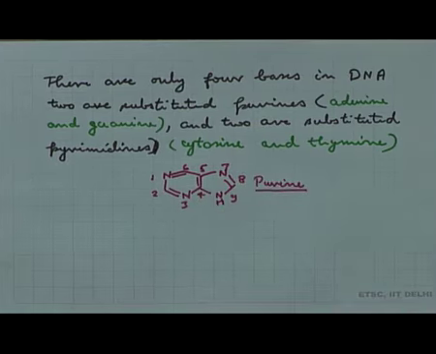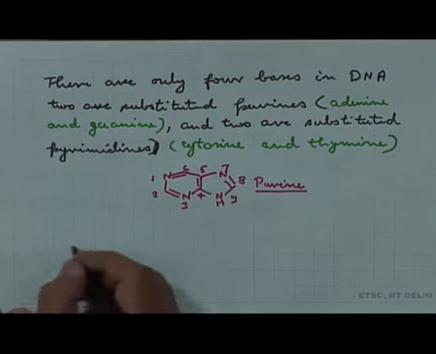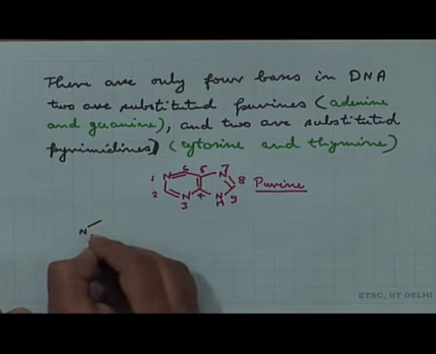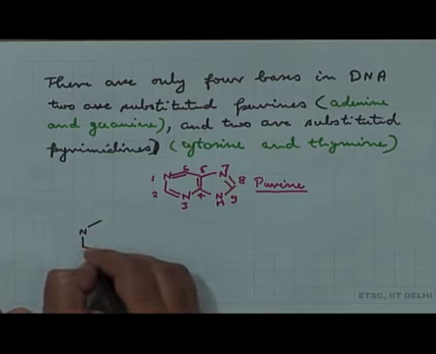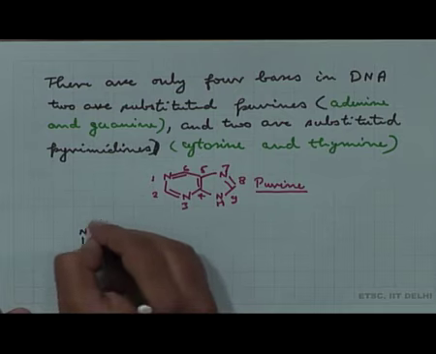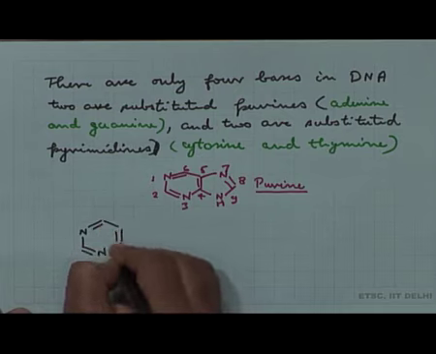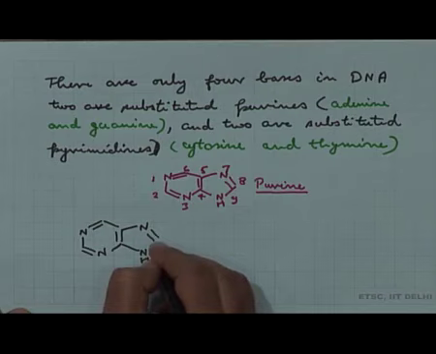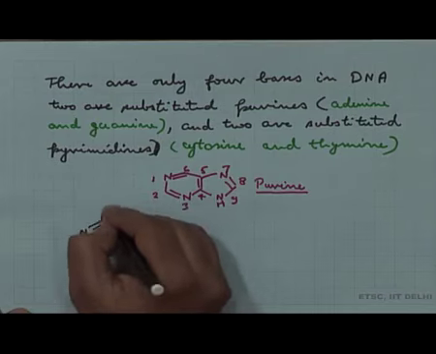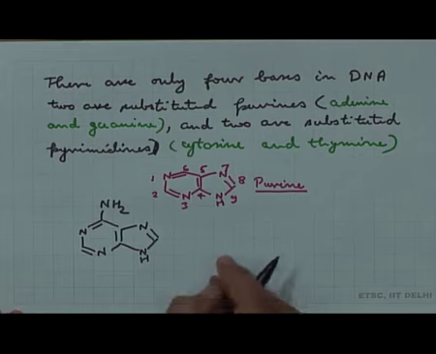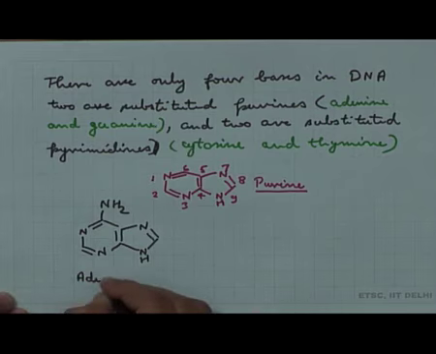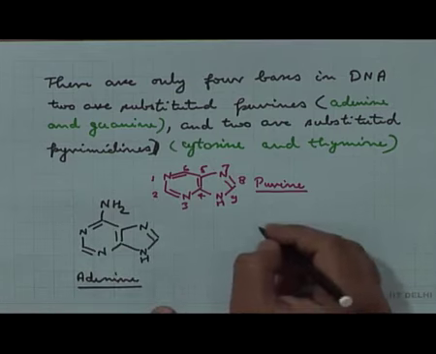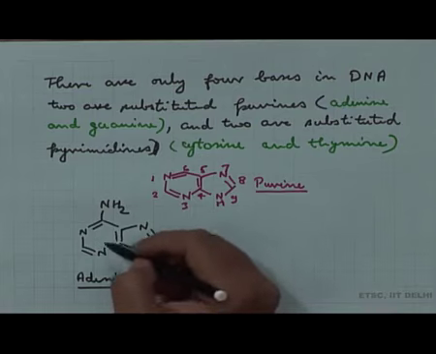I told you that DNA has 2 substituted purines, adenine and guanine. So, I would like to draw the structure of adenine and guanine. This is adenine, and basically adenine has an amino group at the 6th position.